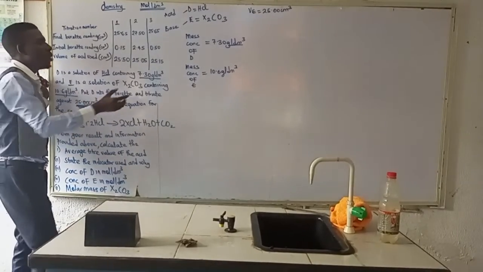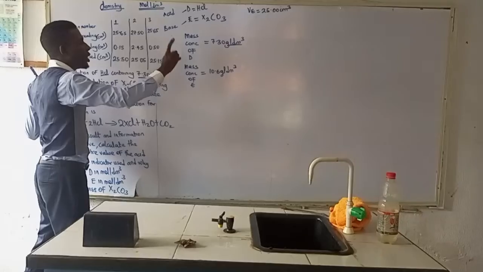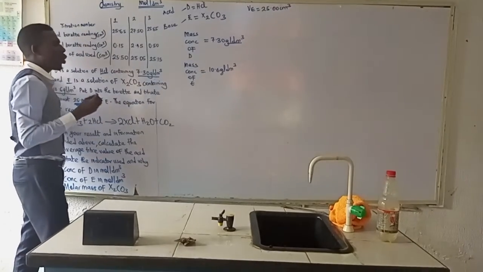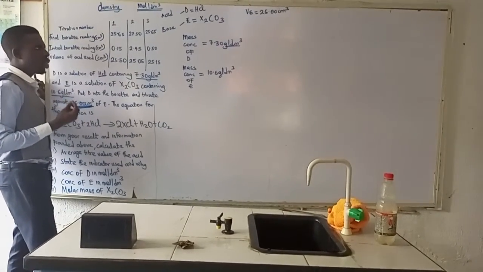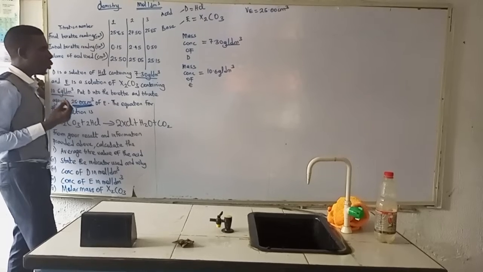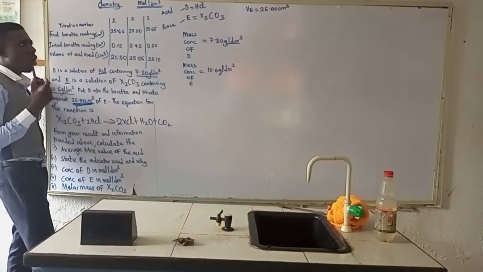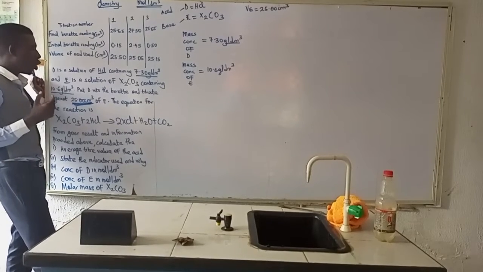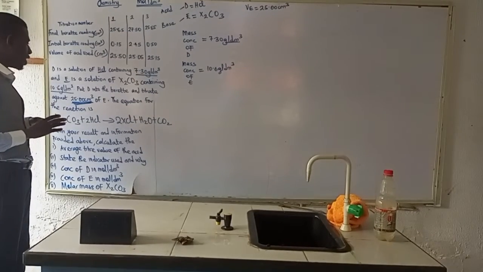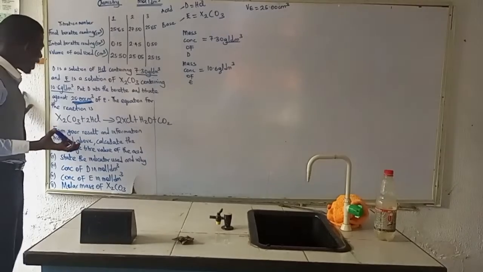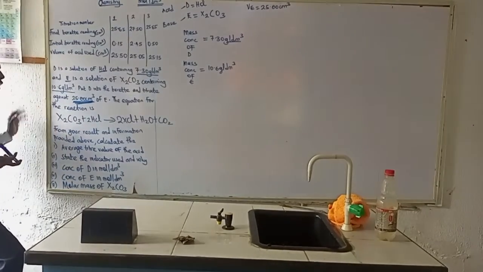They provided us with the mass concentration of the acid to be 7.30, and the mass concentration of the base to be 10.6 gram per dm cube. And again, they gave us the volume of the base to be 25.00 centimeter cube.